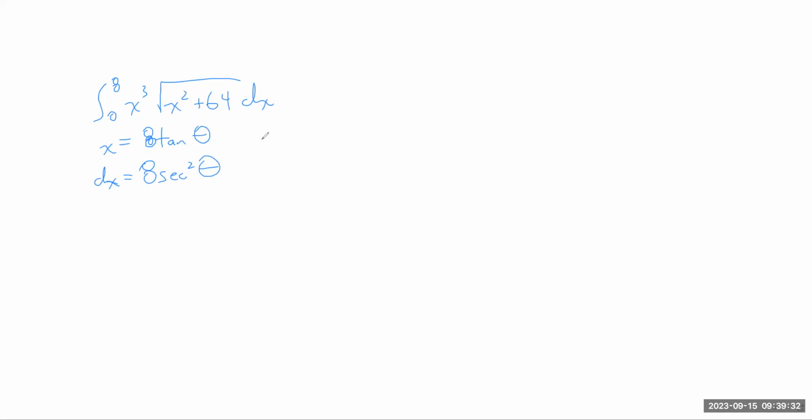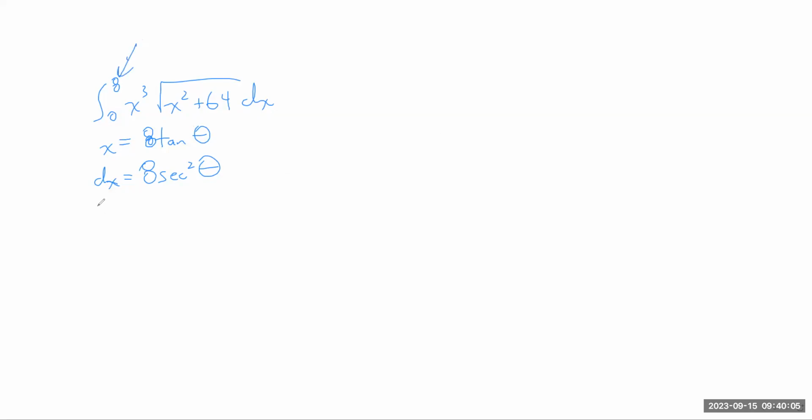Your specific question was about the bounds, right? Okay, so the thing to keep in mind here is that for a lot of these, you're given an integral in terms of x. You immediately substitute in terms of theta, and then if you need to, you do a u substitution somewhere. So the thing you have to pay attention to is what language all your substitutions speak. So what are these values 8 and 0 in terms of?